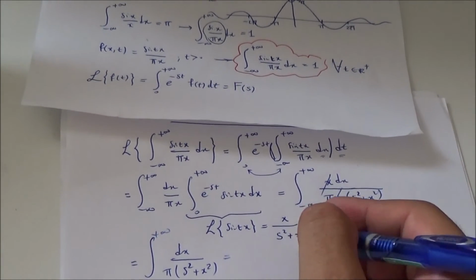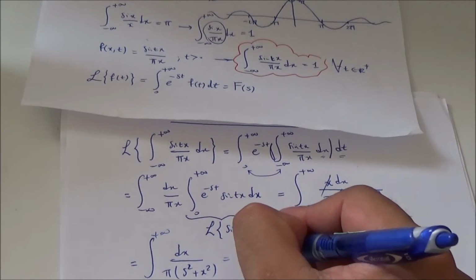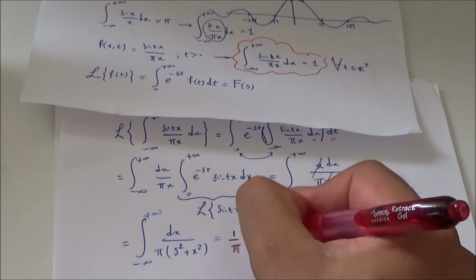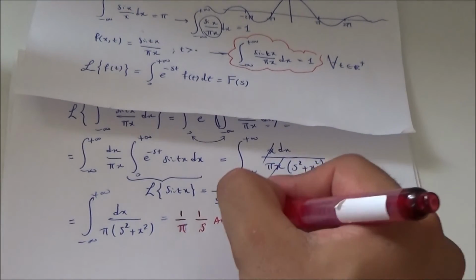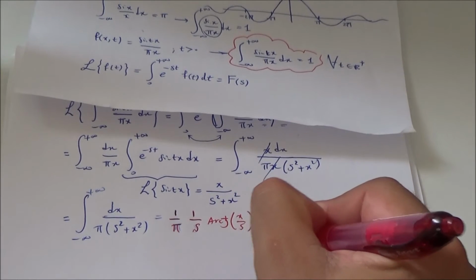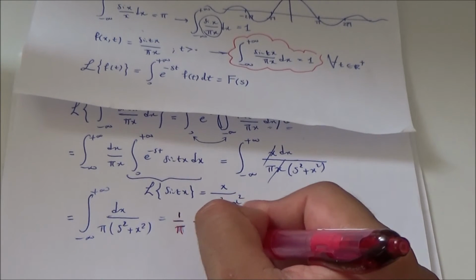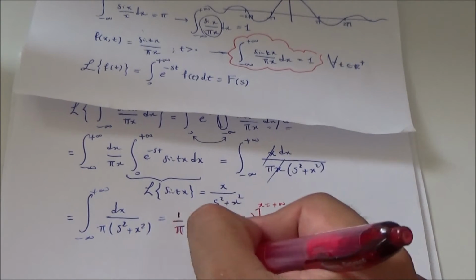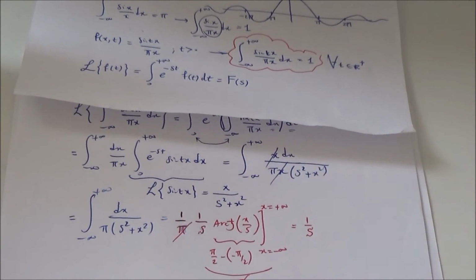and the result is 1 over pi times 1 over s times inverse tangent of x over s, from x equal to minus infinity to plus infinity, so that this will be pi half minus minus pi half, and this result in fact is equal to pi, and if I cancel out these two pi's, I will have 1 over s.